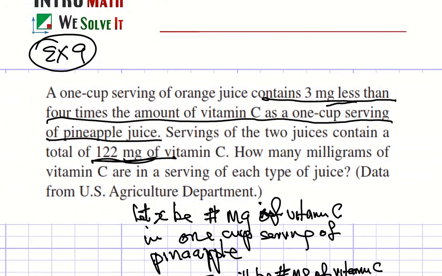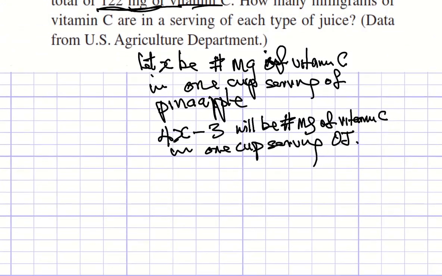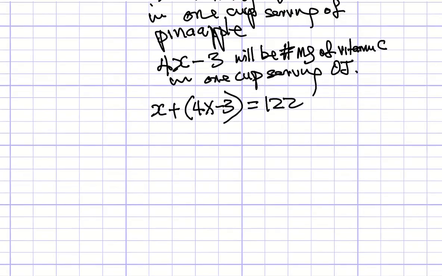The total is right there: the servings of the 2 juices, pineapple and orange juice, contain a total amount of vitamin C. So the same thing we did before: x plus 4x minus 3 equals 122. That's what is given, 122 mg.